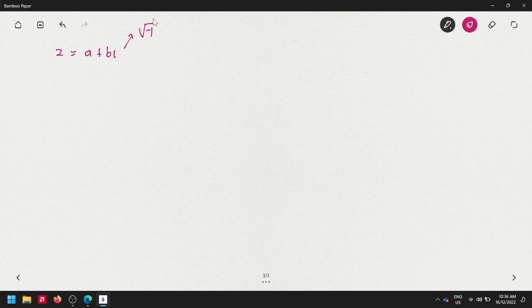You don't have to think further about why it is the square root of -1. It's just a mathematical convention, because sometimes when we want to solve an equation, we arrive at the square root of -1. So if we don't invent the imaginary number, then we won't be able to solve the equation.